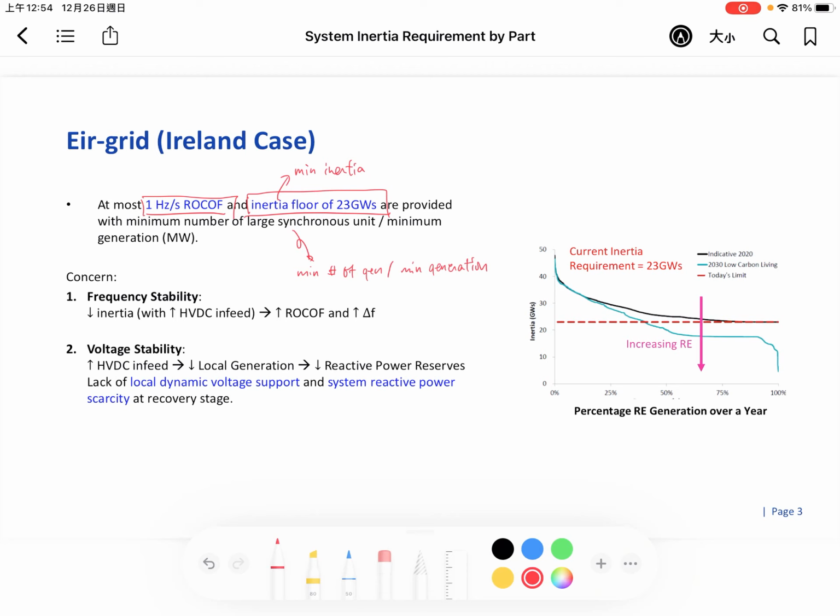So, as illustrated in the figures on the right, the black line is the inertial value in the field mix, or in the generation combination.